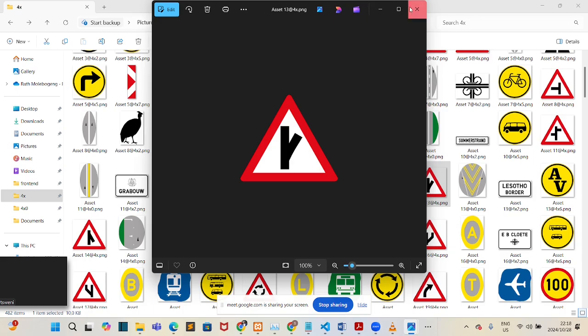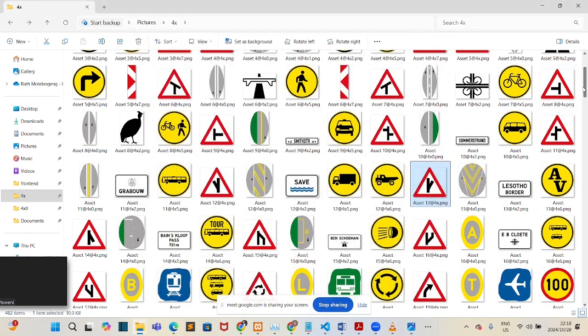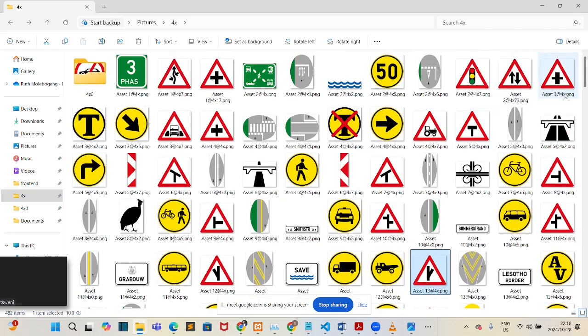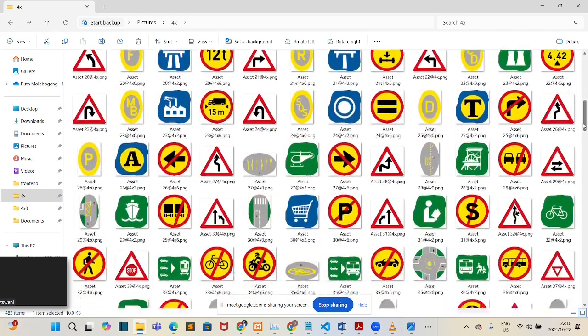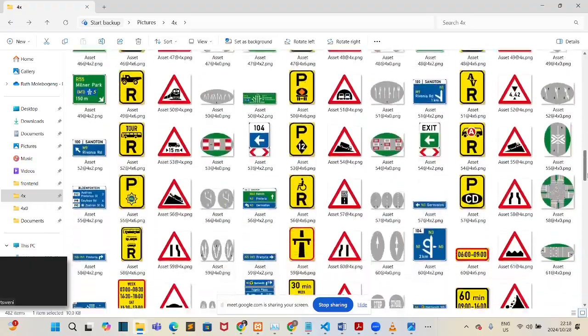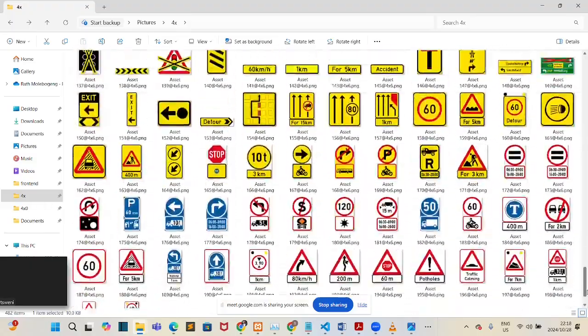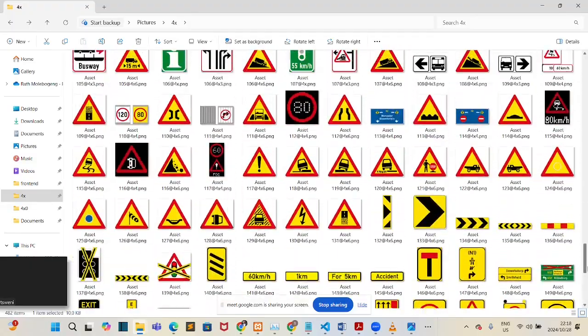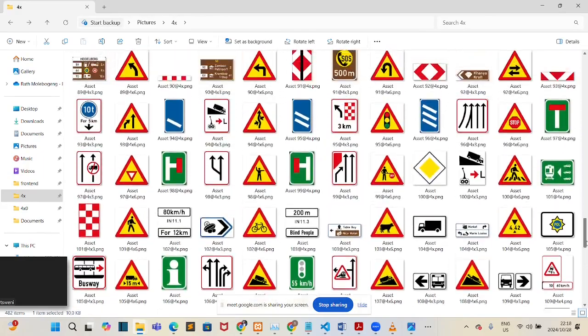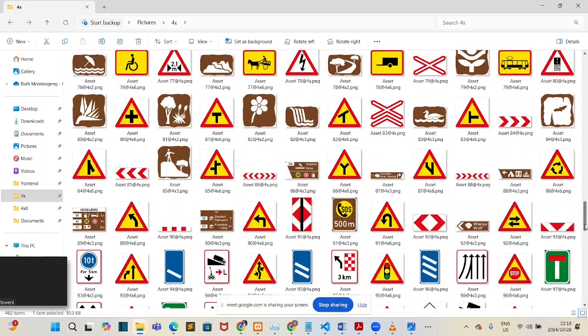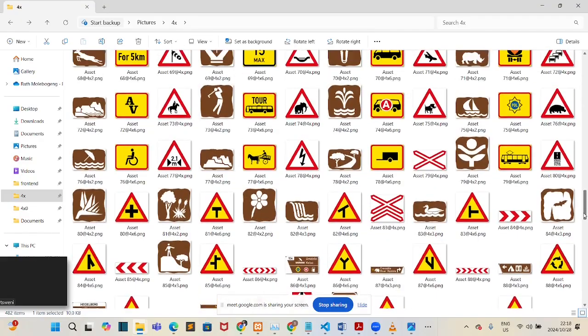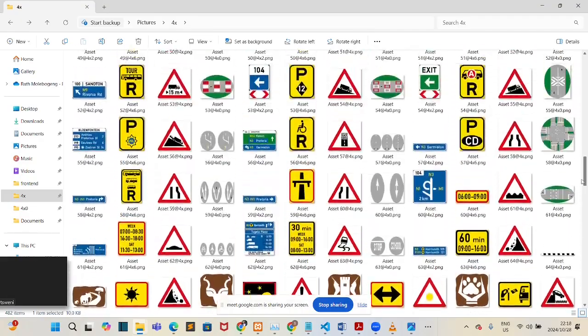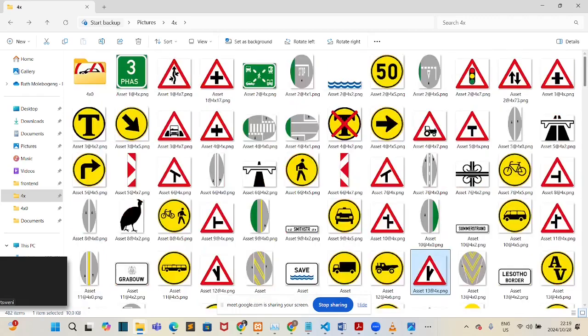Next. All right, you are given this warning sign, a chevron sign. Not sure if it's here. I don't see it. All right, let's go to the document.